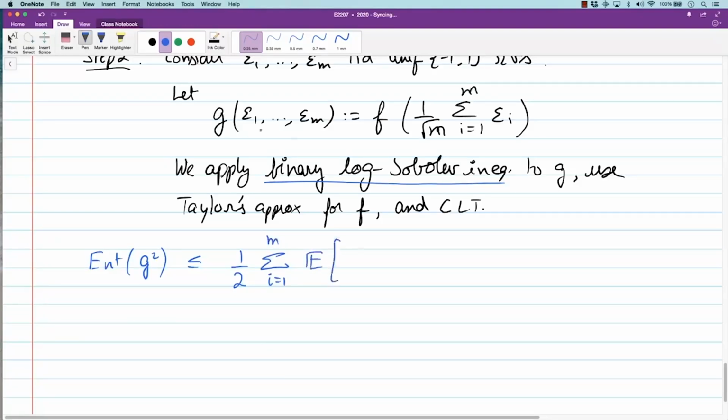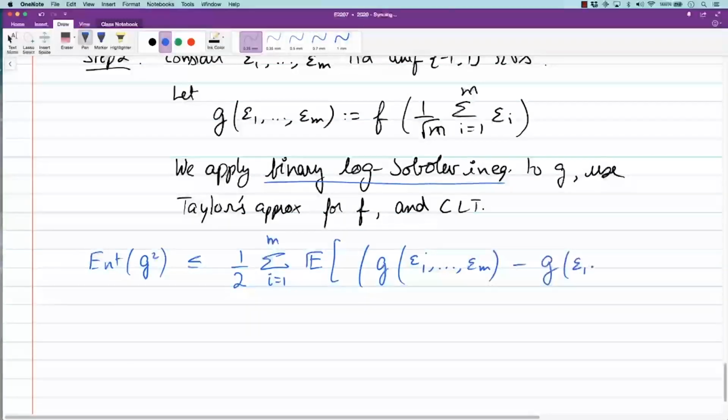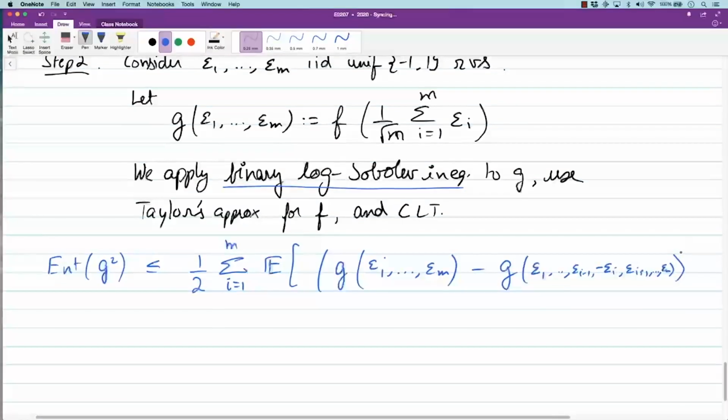Now, since this is a uniform distribution, we can write a slightly different form of the variance. That's something you can verify. We can write it as g of epsilon 1 to epsilon m minus g of epsilon 1 to epsilon i minus 1, so these remain the same, you flip the sign of the ith one, and then epsilon i plus 1 to epsilon m, squared.